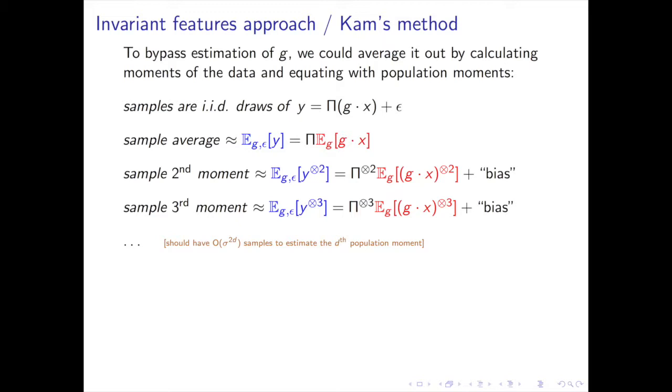So there are sample moments and population moments. Sample moments are random, but they converge to the population moments with enough samples, enough observations.